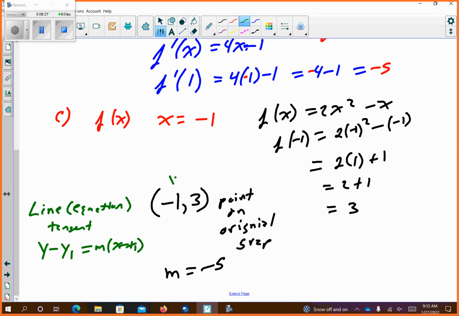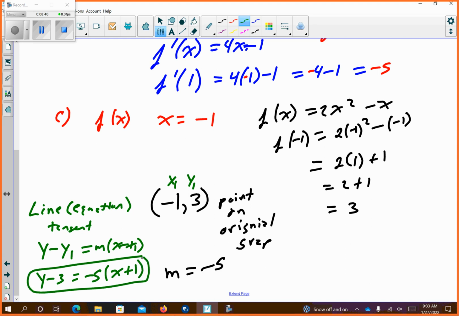And the nice thing is we have x1, y1, and we have a slope, so we'd get y minus 3 equals -5 times (x plus 1). And I know it didn't ask for it, but you're allowed to leave equations of a line in point slope form.